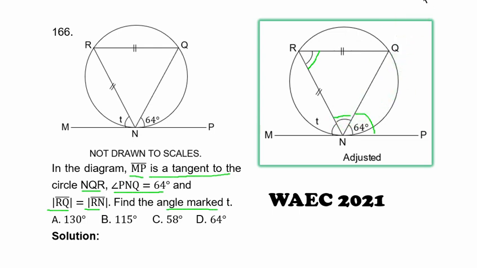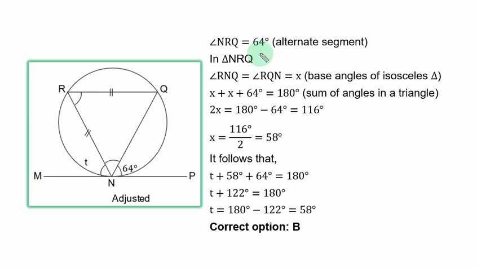The solution continues. We start by getting this angle, NRQ, which is equal to 64 degrees, angles in alternate segments.